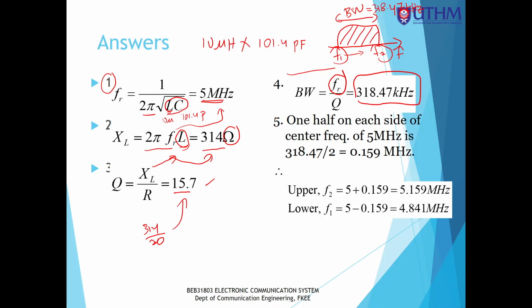Okay, so from here, you see that in this example, it divides the bandwidth into 2. Sorry, I redraw again. So actually like this. Resonant frequency at the center, and this is the bandwidth.